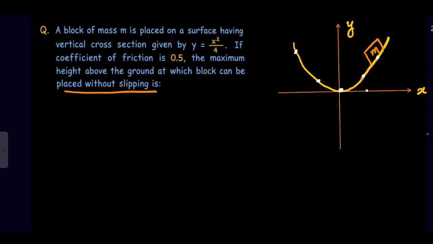Right. Now let us say here is a block, and at this location the body is at rest. Now you tell me what we can do here. At this point I am drawing a tangent at this location.